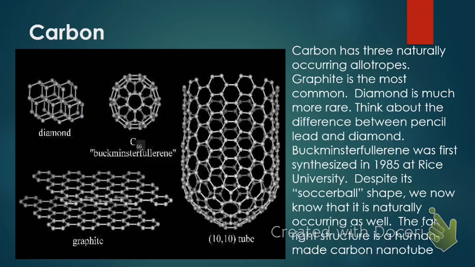I have a little bit of experience with this in the sense that when I was in graduate school at the University of Michigan, one of my mentors was a professor named Dr. Richard Lawton, and he made an allotrope of carbon way back in the early 70s called corannulene. Corannulene was kind of a half of a buckyball.